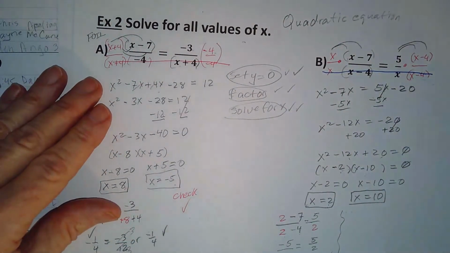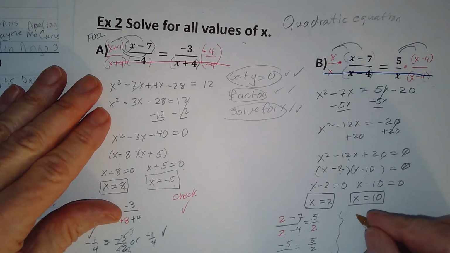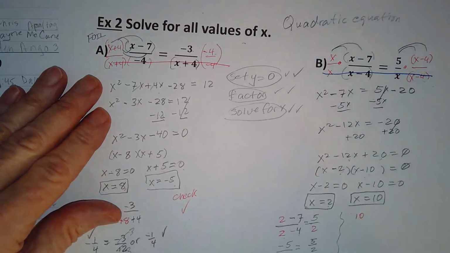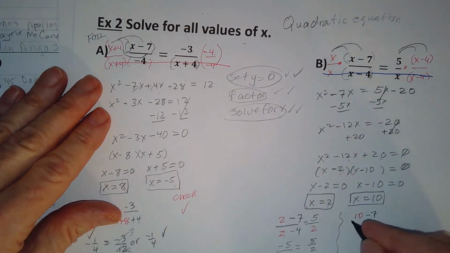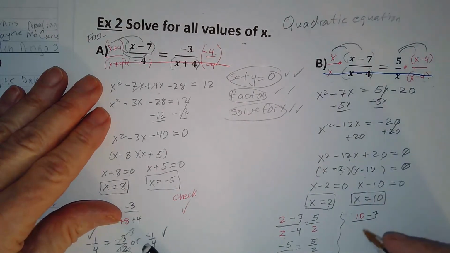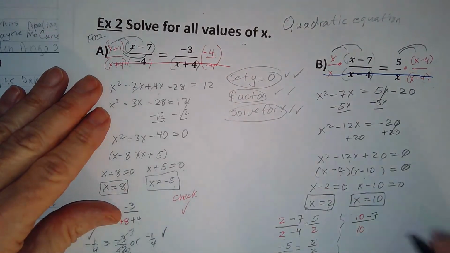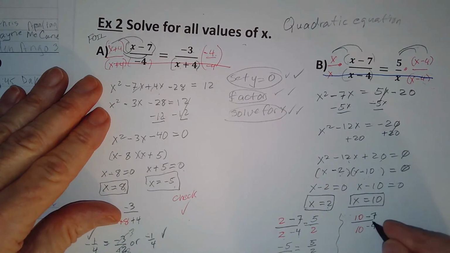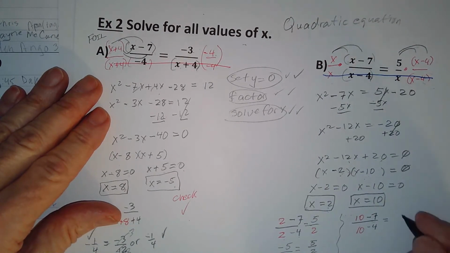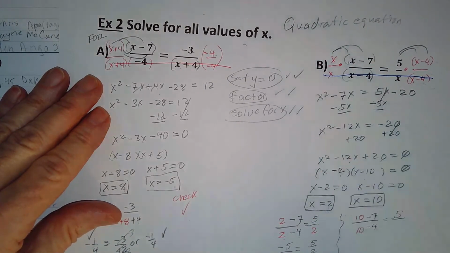So we're going to use 10 this time: 10 minus 7, divided by 10 minus 4, equals 5 over 10.